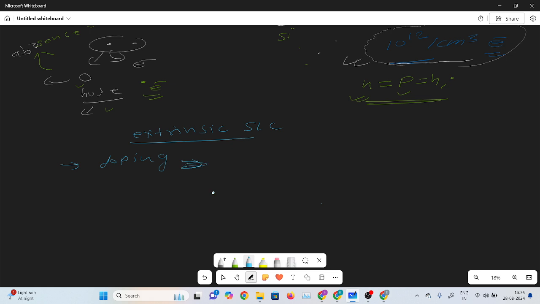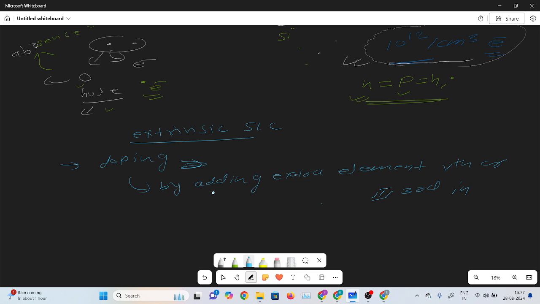Doping means adding an extra element, either from the fifth group or the third group of the periodic table. So by adding an extra element from the fifth group or third group, we dope the intrinsic semiconductor.